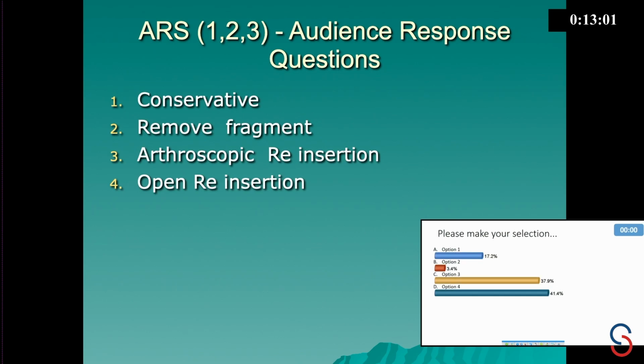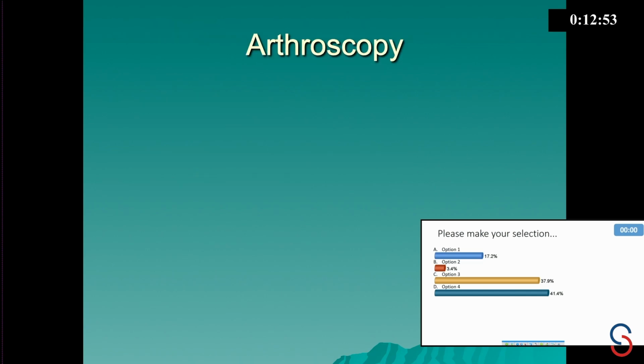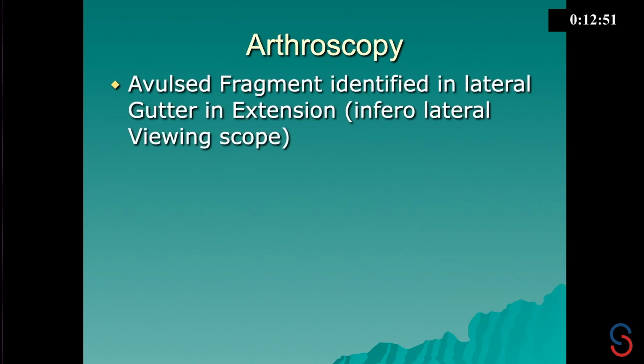I see most of the people would like arthroscopic or open reinsertion, and that is what we decided to do. We started with arthroscopy. We saw the avulsed fragment. It was identified in the lateral gutter extension, looking from the inferolateral viewing portal.